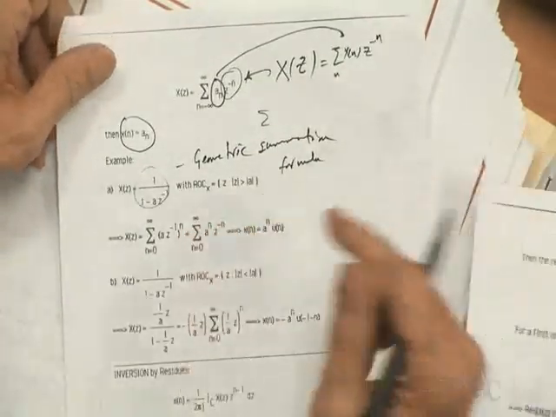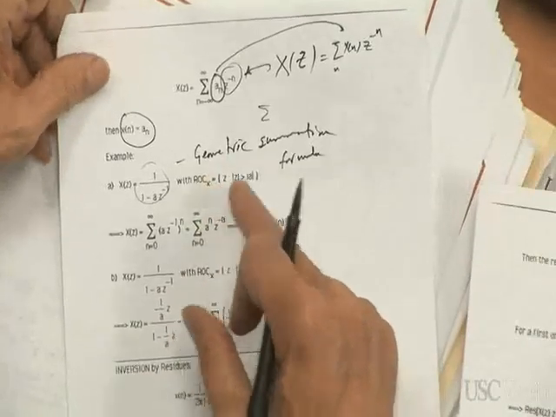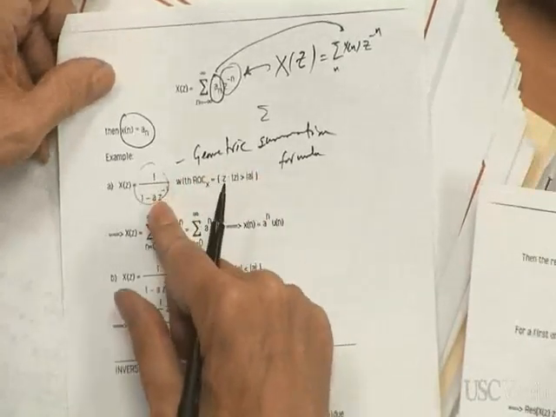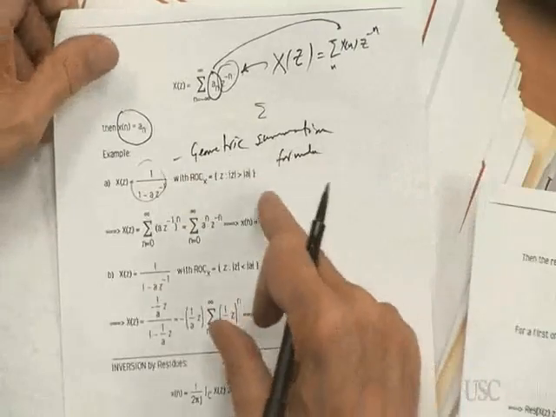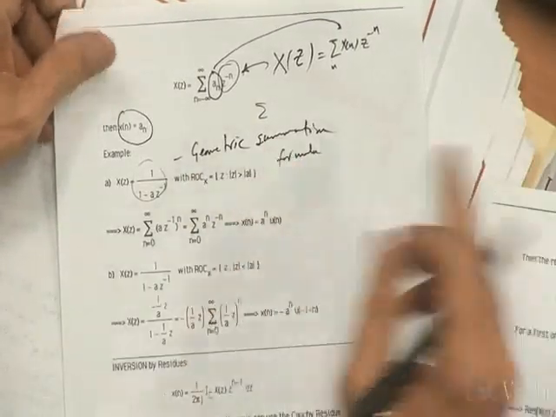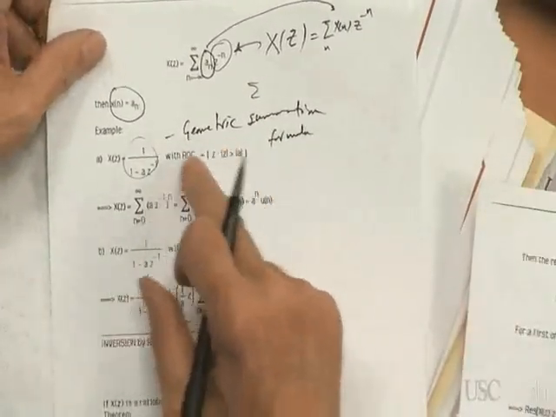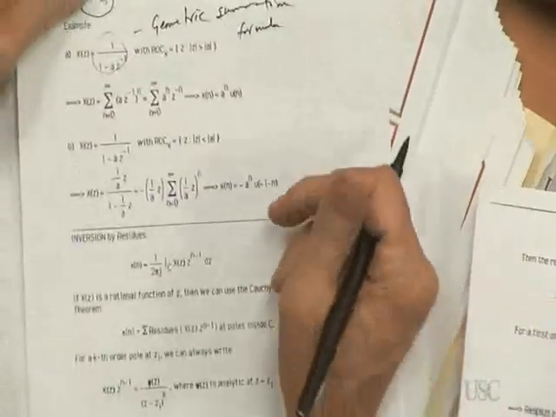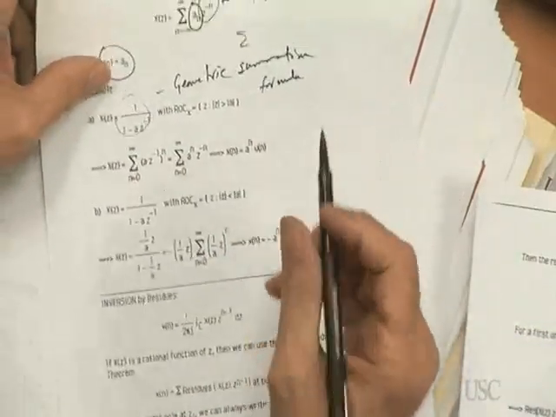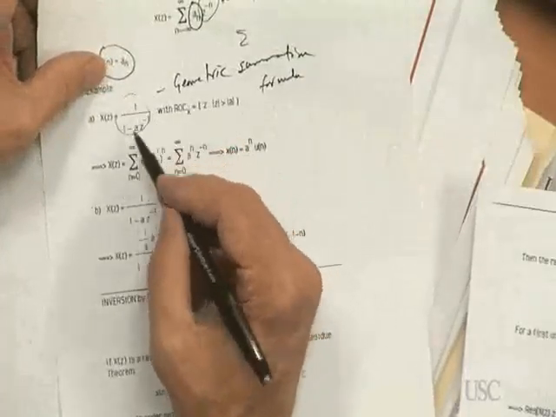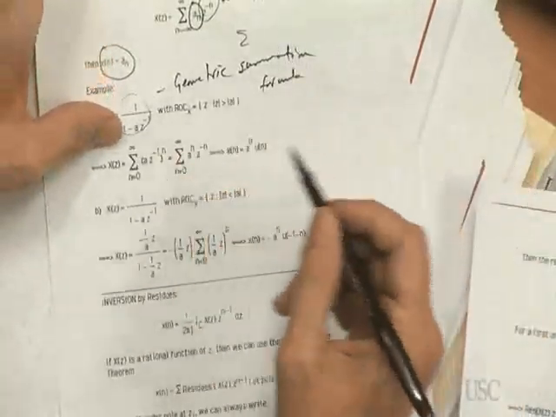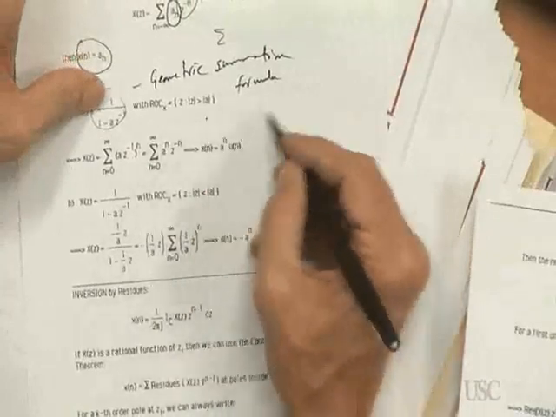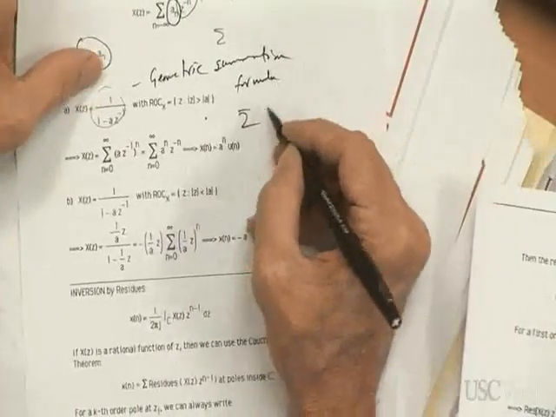I furthermore tell you that it has one pole, at a, and its region of convergence is exterior to the circle bounded by that pole. If I tell you that, then you can expand 1 over 1 minus a z inverse in a geometric series.